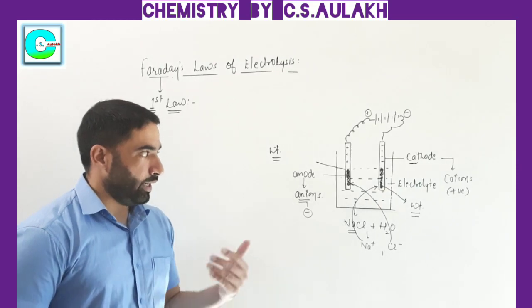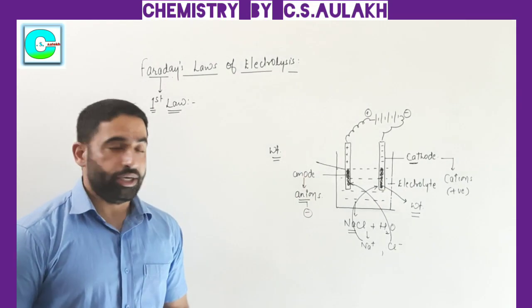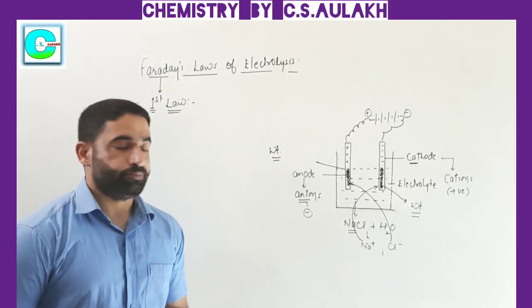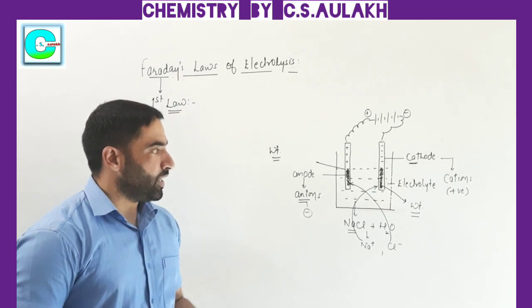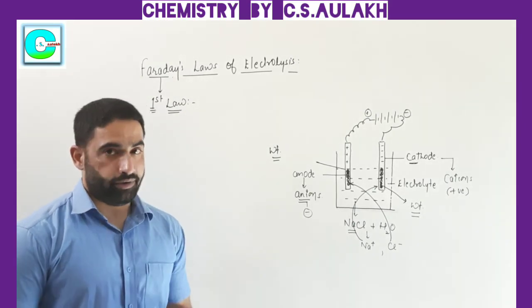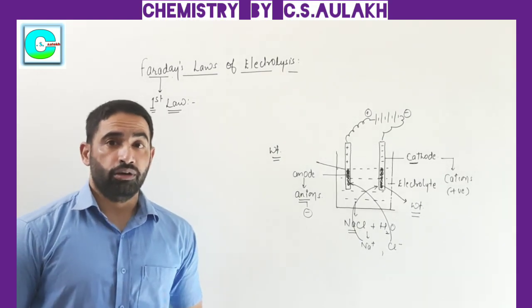We know that over the surface of the anode there is always oxidation, while over the surface of the cathode there is always reduction. So when electricity is passing through the solution, both processes, oxidation and reduction, will occur. In other words, a redox reaction will occur.